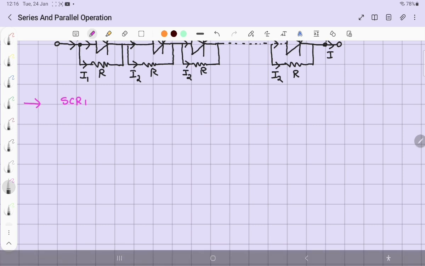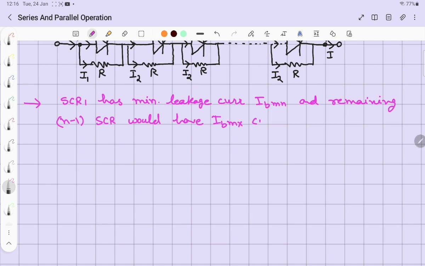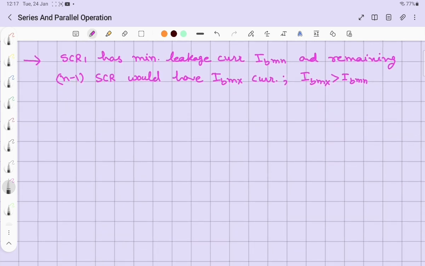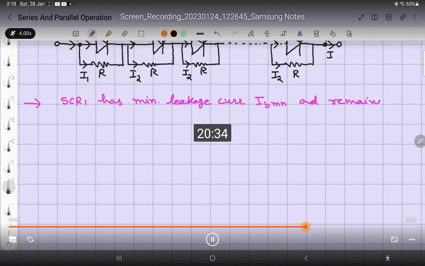But just for simplicity, we have assumed that thyristor 1 is having one characteristic, and the remaining n minus 1 are having the same type of characteristic, right? So in that way, we have assumed that the static equalization circuit which we have to connect across each SCR is of value R, right?